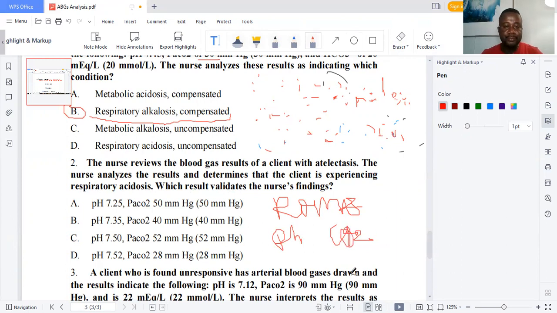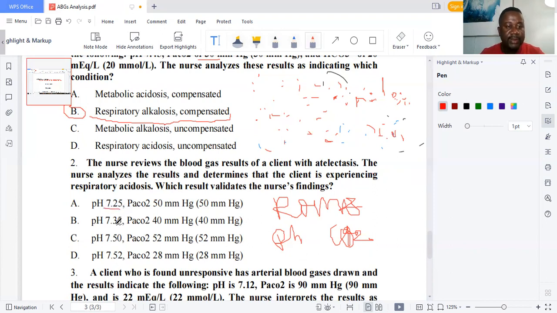In this case, forget about metabolic. So for it to be respiratory, pH and carbon dioxide have to be in opposite direction. Now it's already acidosis, very simple. So the pH has to be below 7.35. So let's look at which one has a pH below 7.35.